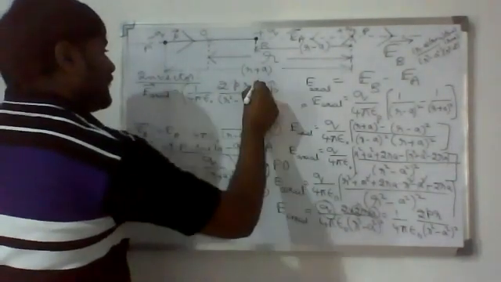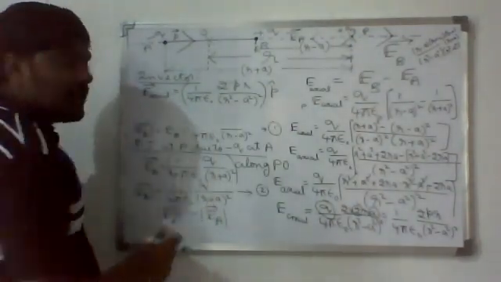So this is the magnitude of electric intensity at a point on the axial line, and this is the direction.